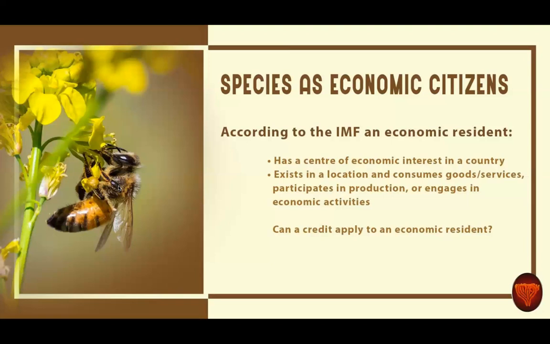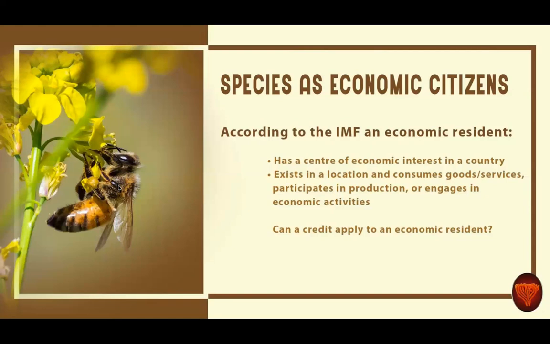Let's think about this as it relates to species beyond that of a human. For example, is it possible to apply this definition to the gray wolf in Yellowstone National Park?